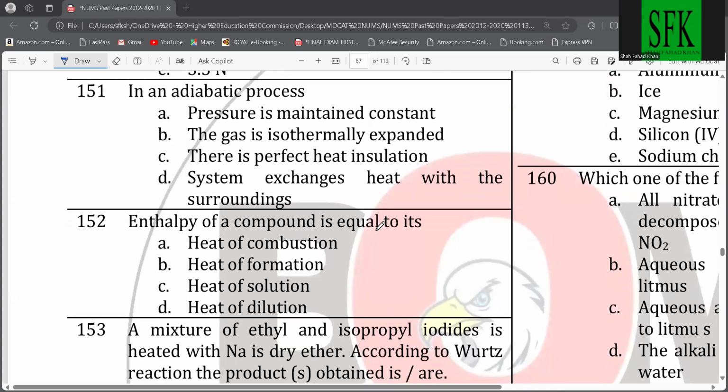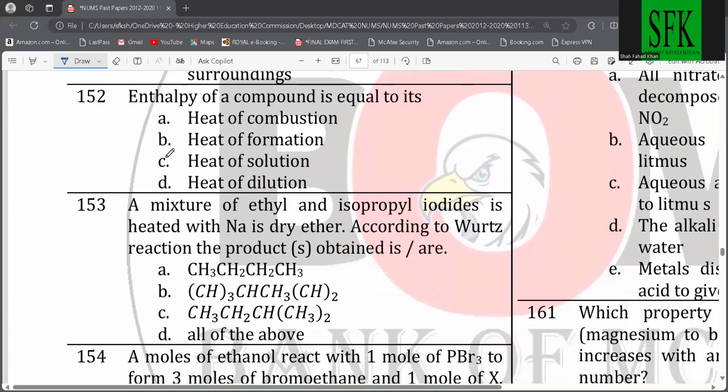Now in an adiabatic process, the total heat or total energy is constant. So pressure is constant, gas is isothermally expanded, perfect heat insulation. You can mention this one, because no heat is entering nor any heat is leaving.